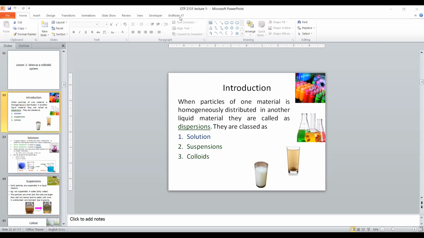One of you unmute and tell me which type of system dispersion you will get when you disperse vinegar in water? Madam, colloid. Excuse me, madam.